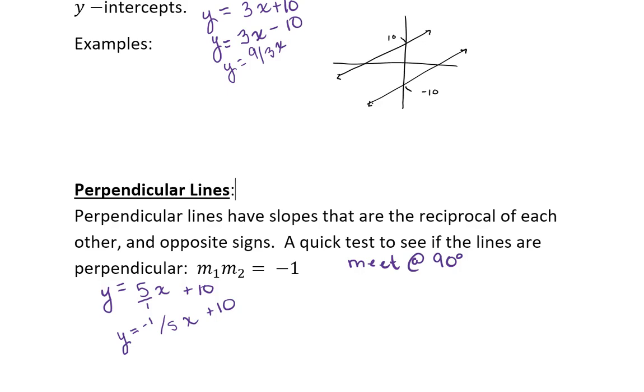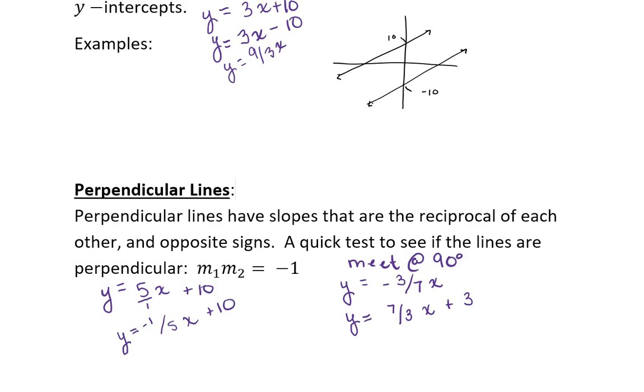If we already have a fraction, and we say it's -3/7 x, and I want the line that's perpendicular to that, I'm going to say y equals 7 over 3, and since this is negative, I want the opposite of negative, which is positive. So here is my perpendicular line: 7 over 3x plus 3, because this is -3/7 x.